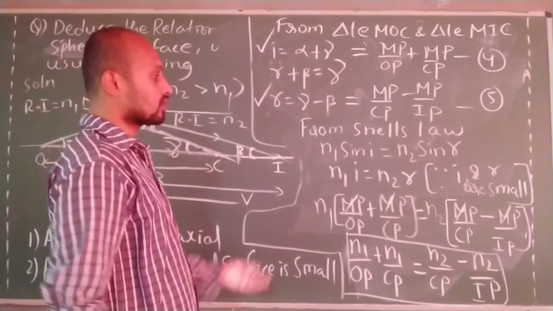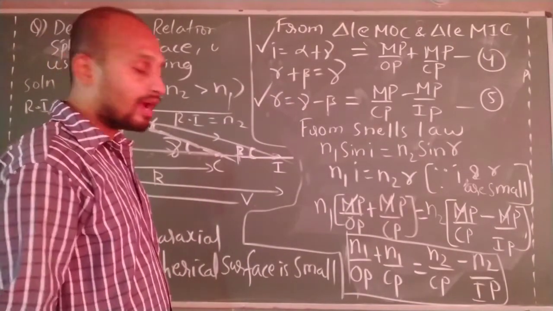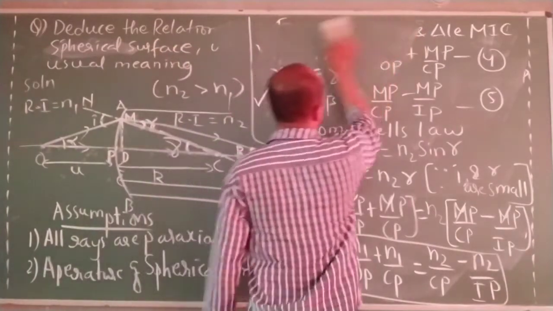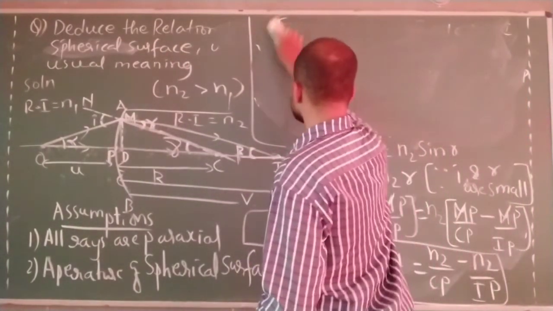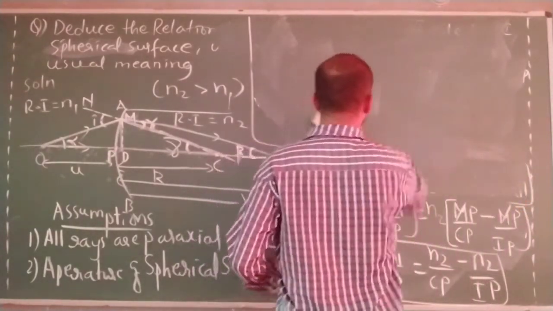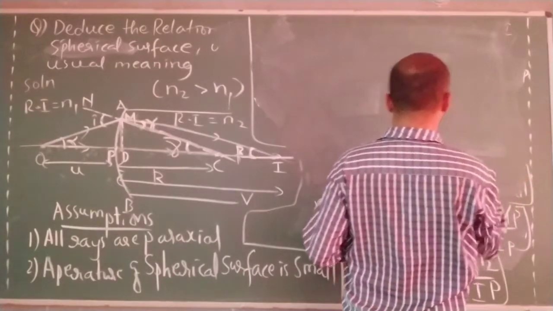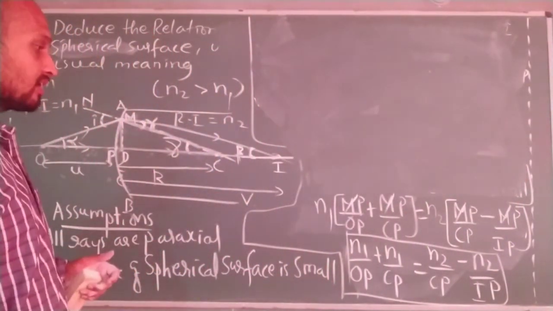I believe every step is understood here. I will go to the next step. This is a little bit big derivation, so however I am writing, please make a note. It will be very good practice for you.